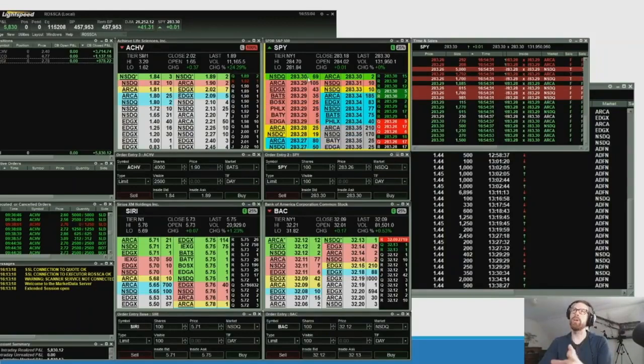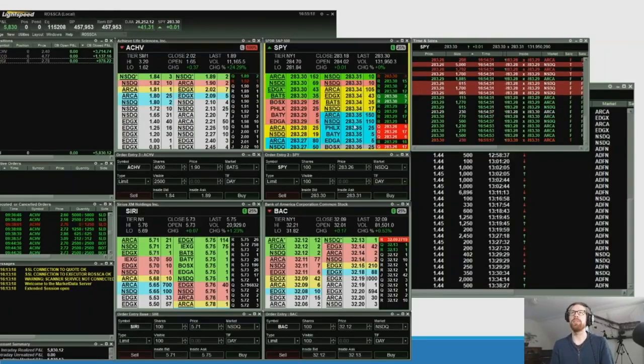But when a transaction occurs on the bid price right here, it's considered a sell, and it's going to appear in red because someone is basically just selling to a buyer. And when an order occurs on the ask price, we consider it a buy because someone is buying from a seller, and those will then be green. So what we want to see is lots of green prints going through if we're planning on being a buyer.